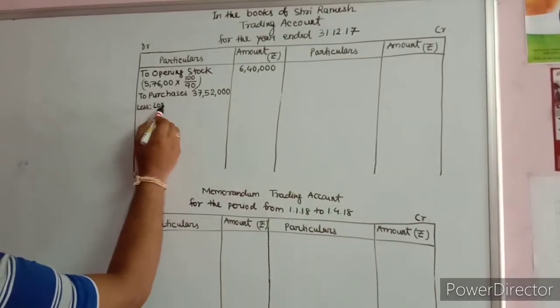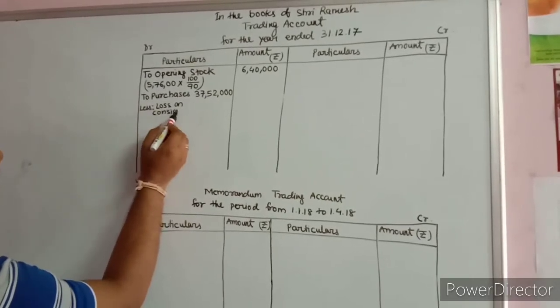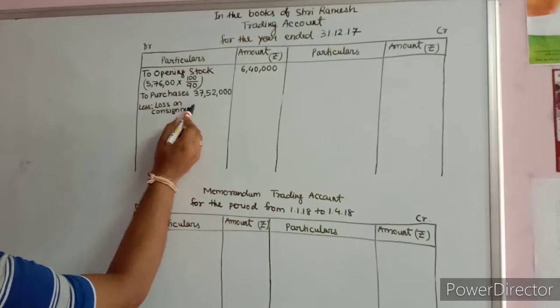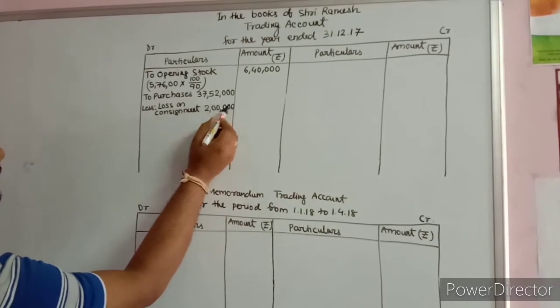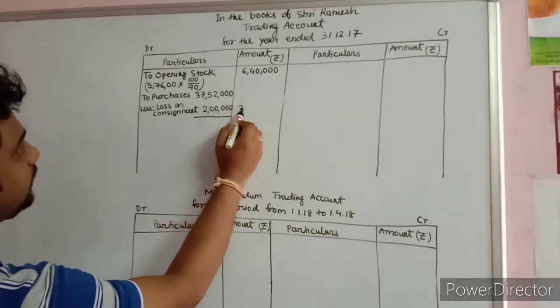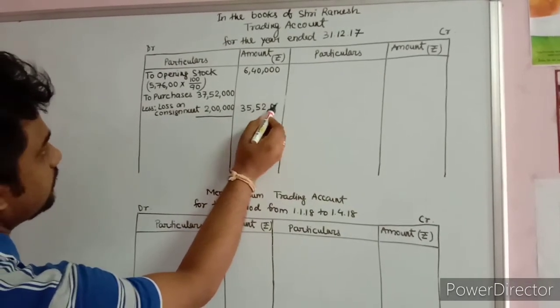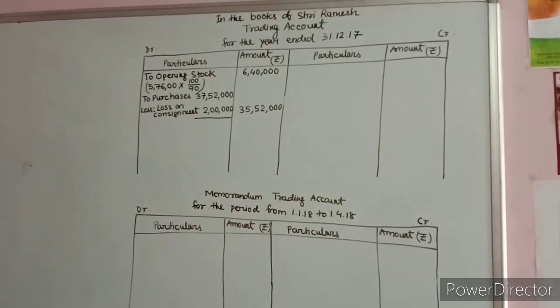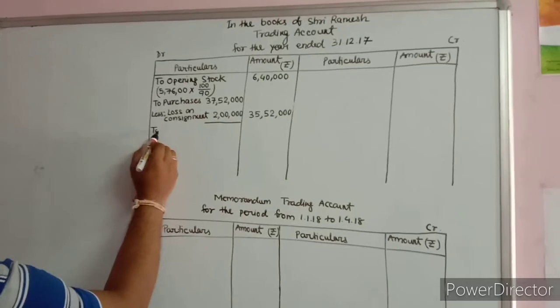Less loss on consignment amounted to rupees 2 lakh. So this was another loss. So it now comes up to be 35,52,000.